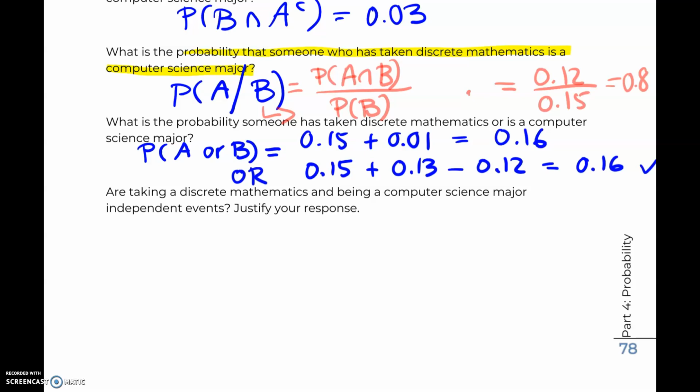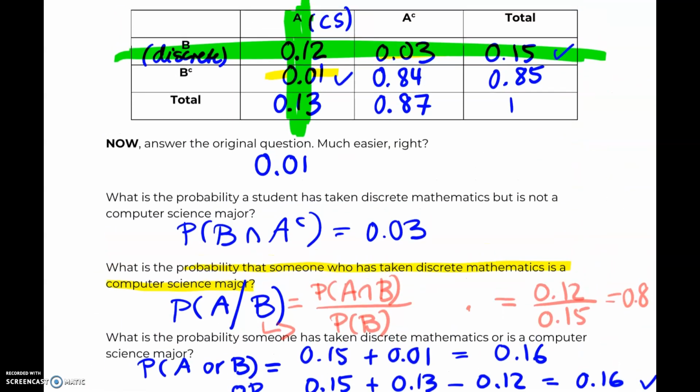Usually it's a little easier to look at the joint probabilities, but we can also look at the conditional probabilities. When you're checking this, you don't have to use both methods, but I'm going to write them both down. So method one, we are going to look at the probability of A and B, and compare that with the probability of A times the probability of B, and see if they're equal to each other.